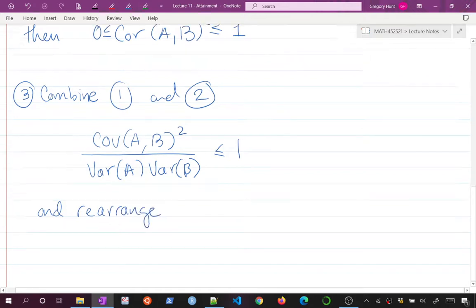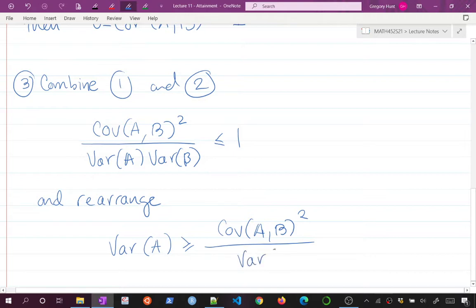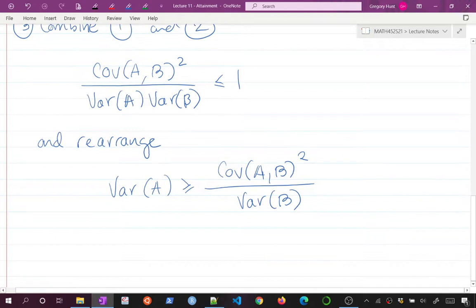And I can rearrange by moving, doesn't matter, pick A or B, over to the other side. The variance of A is greater than or equal to, so I'm just going to multiply both sides, the covariance of A, B squared divided by the variance of B. So this is looking pretty familiar at this point.